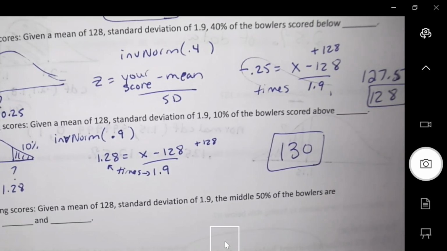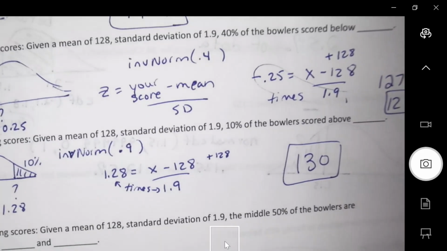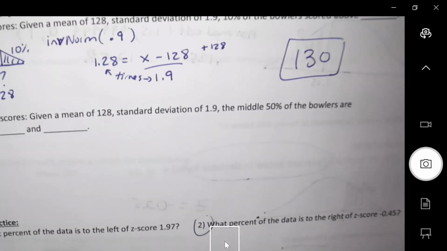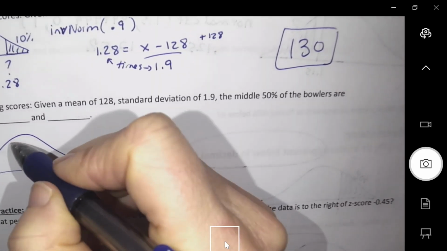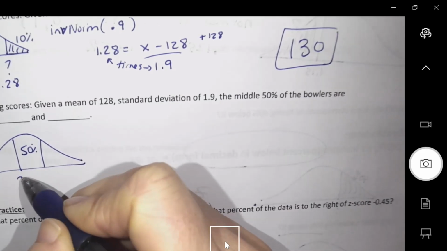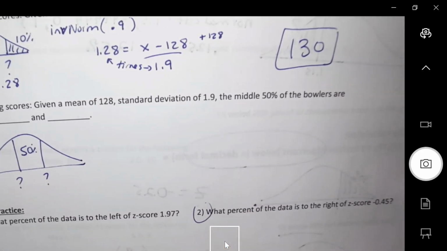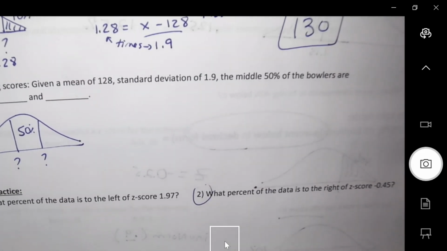Okay, same question. Bowling scores. The middle 50% of the bowlers. That's what I want to know.